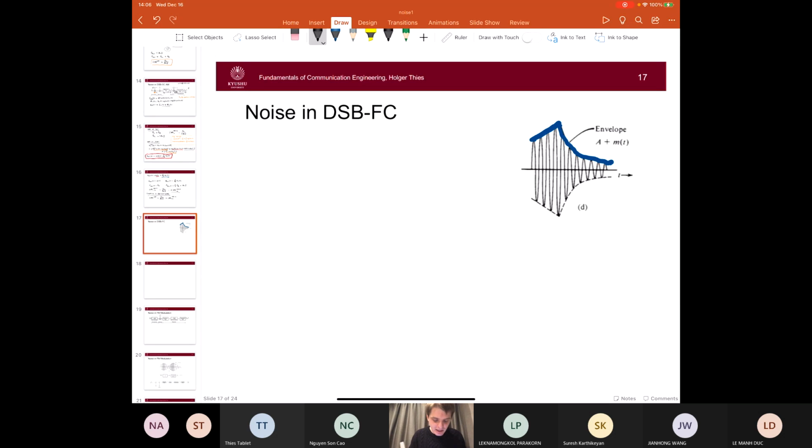So the demodulation scheme now looks different, and the message we send looks different. Okay, so how did this look? Now the message that we will send out through the channel will not be just m(t) times cosine omega_c t, but it will be some factor A plus the message signal times cosine omega_c t. So instead of just multiplying the message, we make the message larger by some factor A, which is large enough such that the message will not become negative, and then multiply by the carrier function.